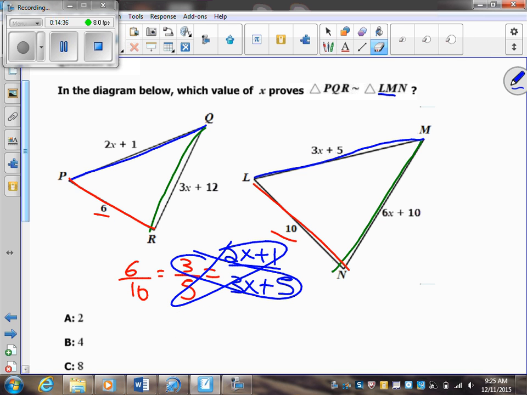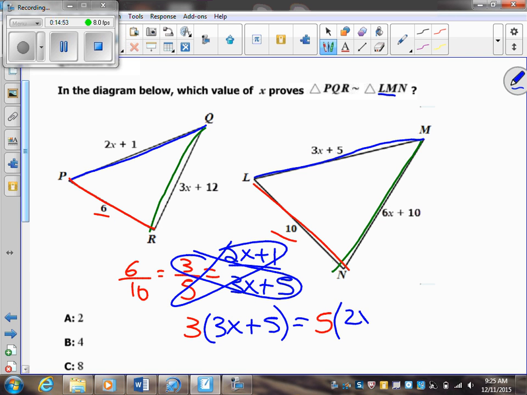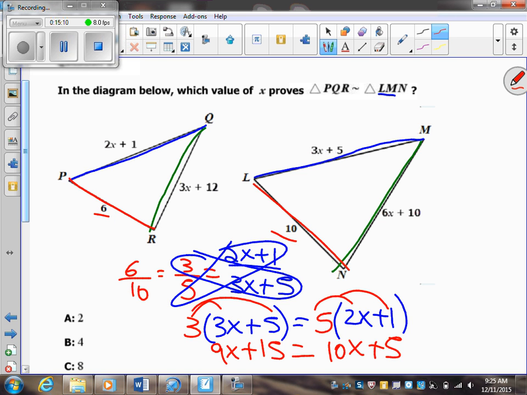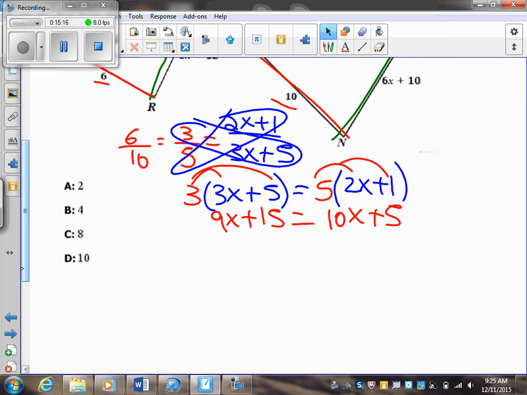The 3 is going to multiply 3x plus 5, and the 5 is going to multiply 2x plus 1. So make sure you're distributing the 3 and the 5, so you're going to end up with 9x plus 15 equals 10x plus 5. Then after this, you can go ahead and solve for the variable. I'm sure you guys can do that without a problem.